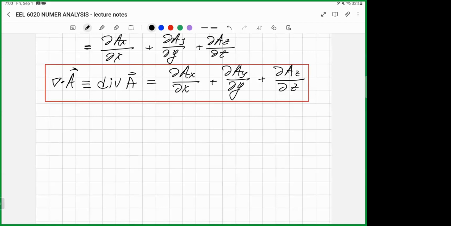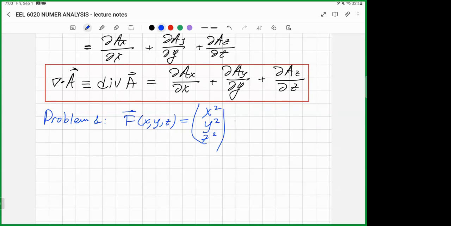So problem one for the divergence. Let's consider a vector field with components xy, x squared, y squared, z squared, like this. What is the divergence of this field?